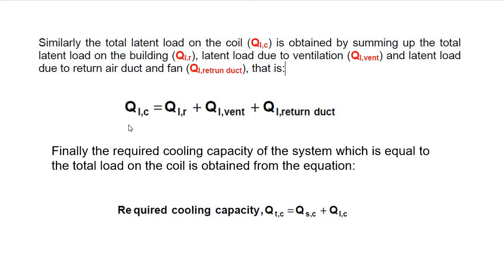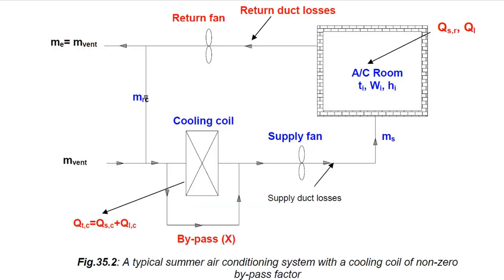Total latent heat load on the cooling coil is equal to latent heat load in the room plus latent heat load due to ventilation air and latent heat in the return duct. There will be some latent heat load in the room, that is room latent heat load QLR, plus some fresh air is supplied from the surrounding atmosphere.